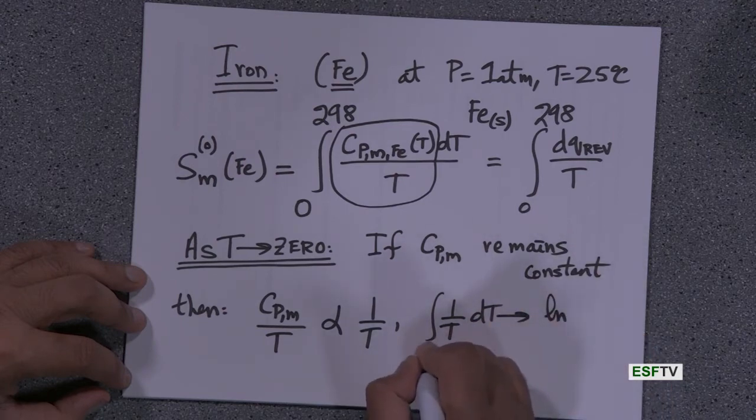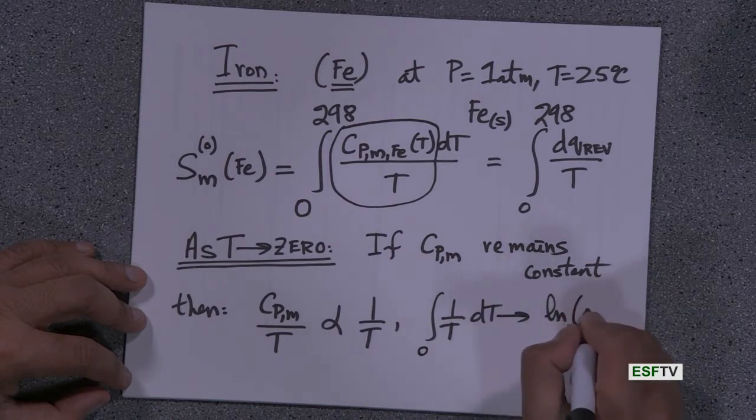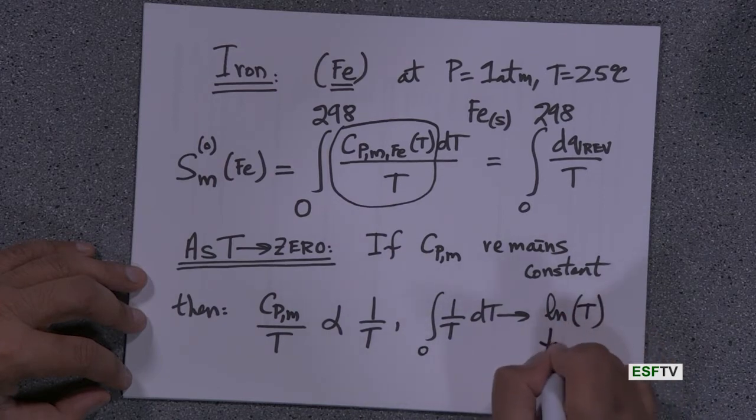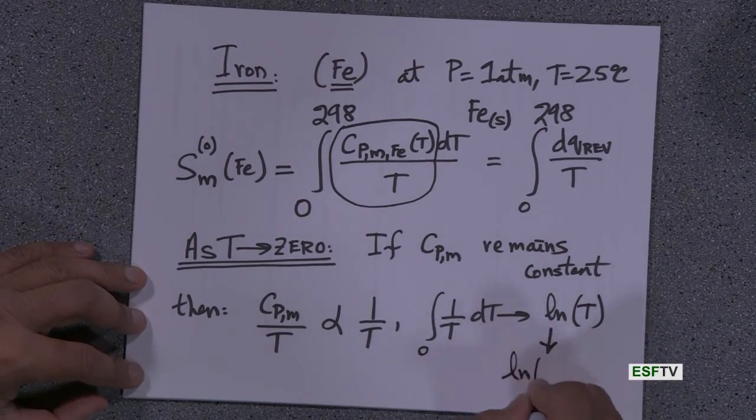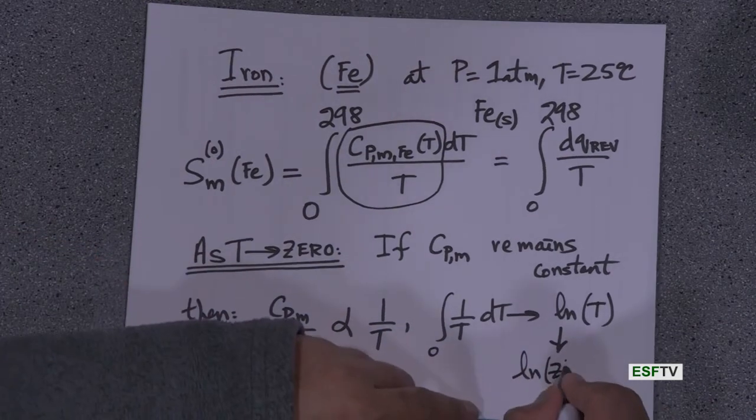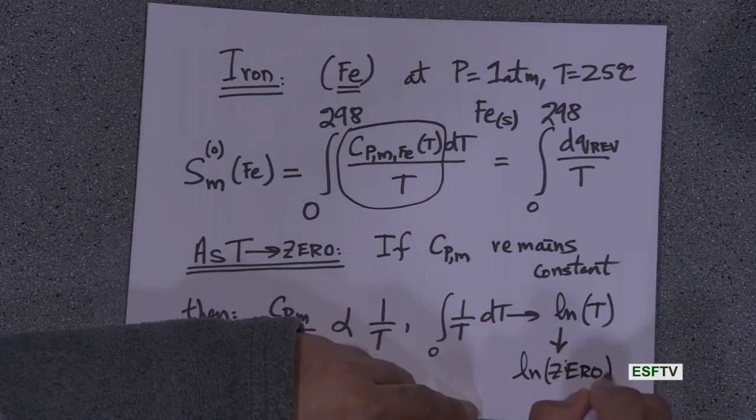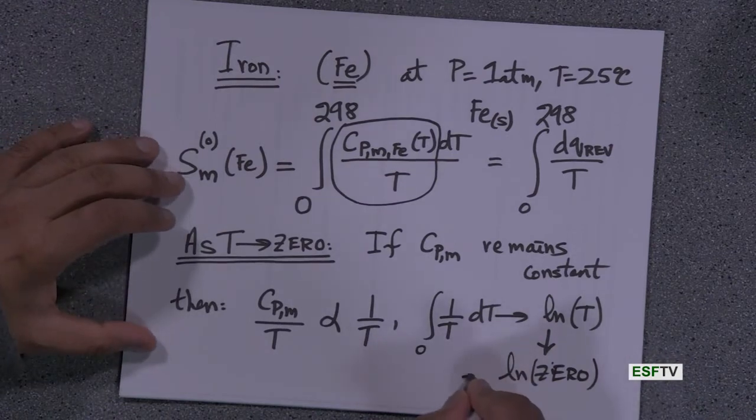And the lower limit is 0, so you end up with the natural logarithm of temperature, and you plug in the limit, you're taking the natural logarithm of 0, and the natural logarithm of 0 is negative infinity.